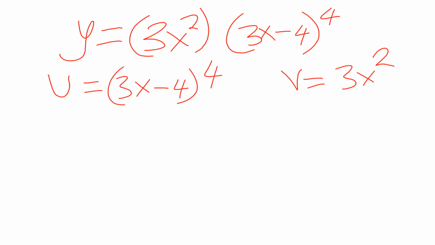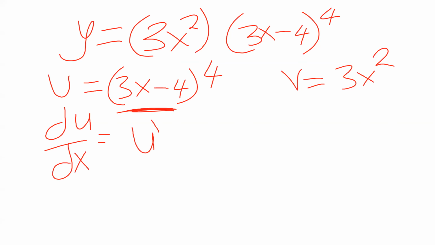What do we need from the formula? From the formula, you need du over dx, meaning you differentiate this u function with respect to x. To find du over dx is the same as to find the u prime.